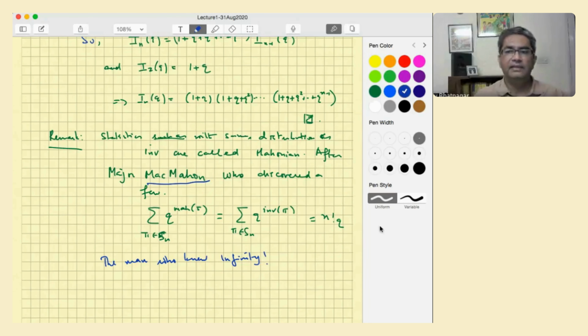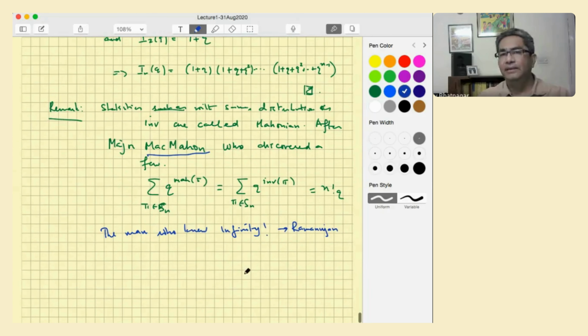So anybody other than Ayush, you've seen it? This is about Ramanujan, and MacMahon was a starring person there. He was an officer in the British Army.